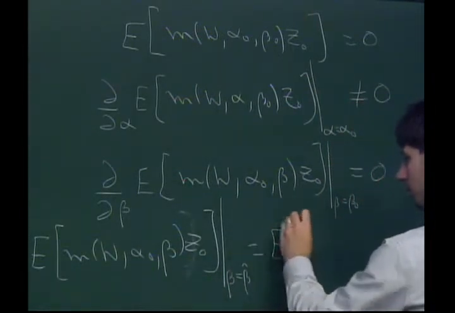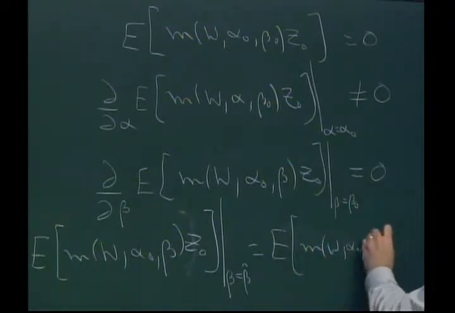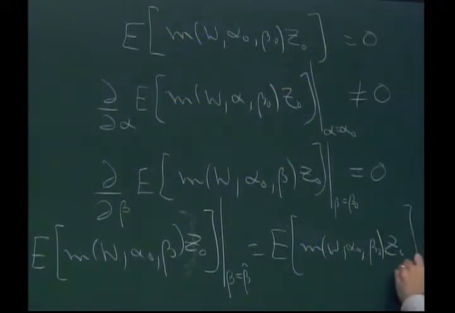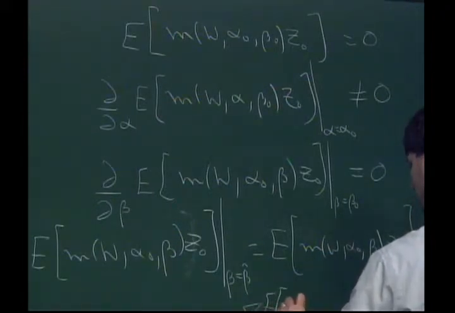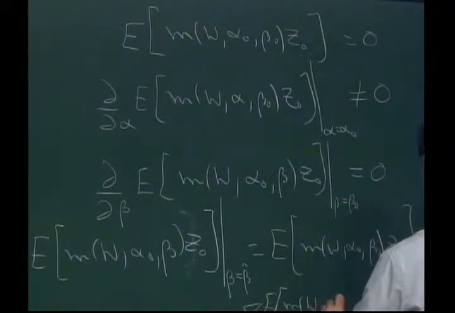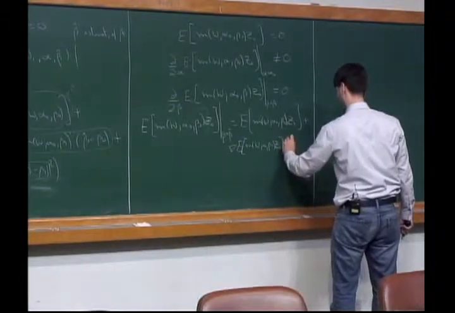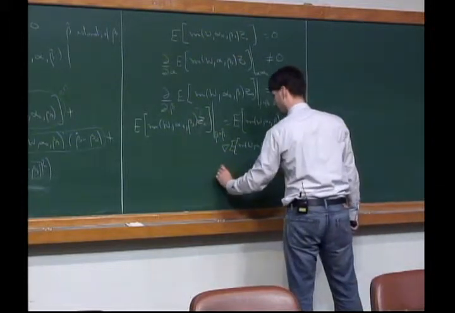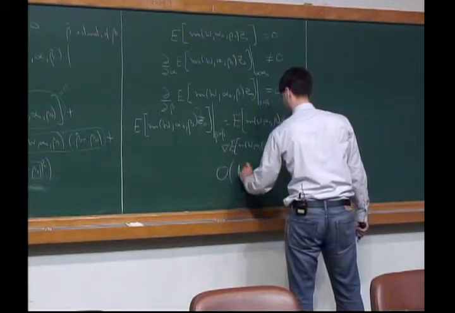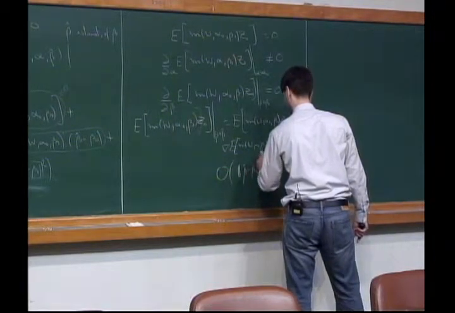It's equal to w alpha naught at beta naught, z naught, plus the gradient, plus something of the order of beta hat minus beta naught squared.